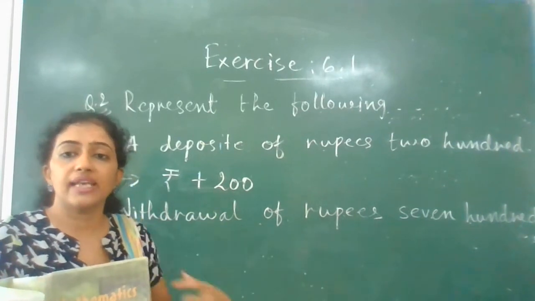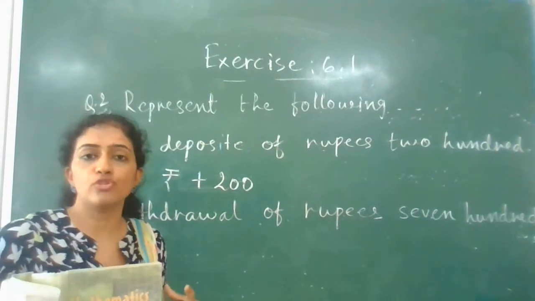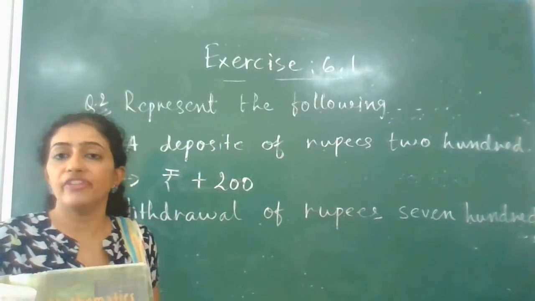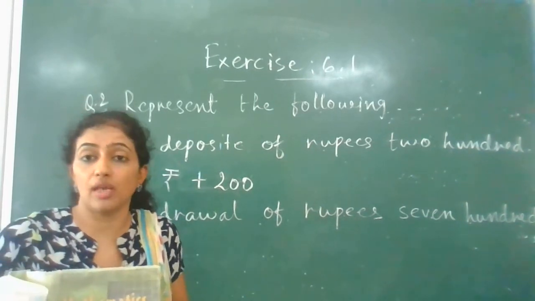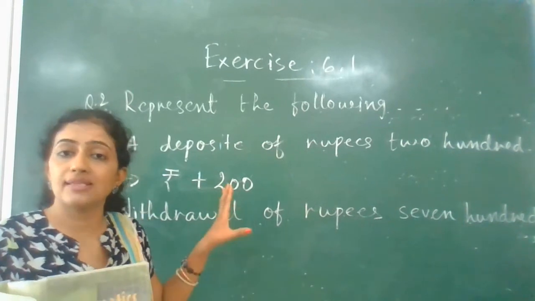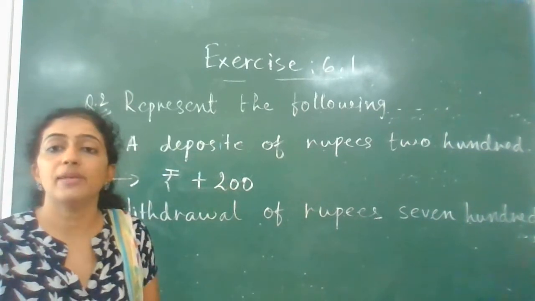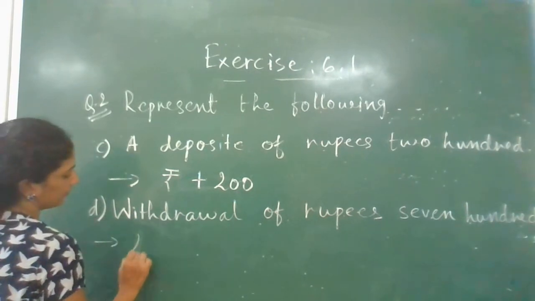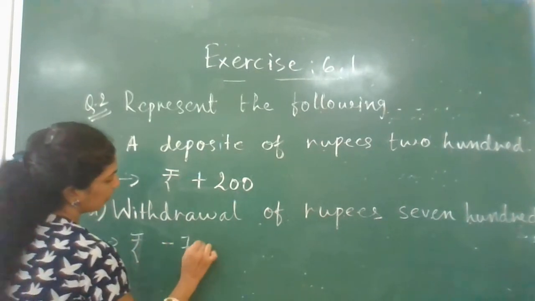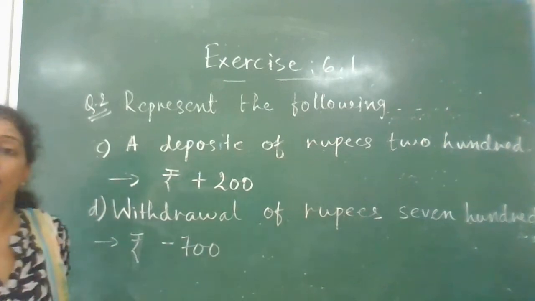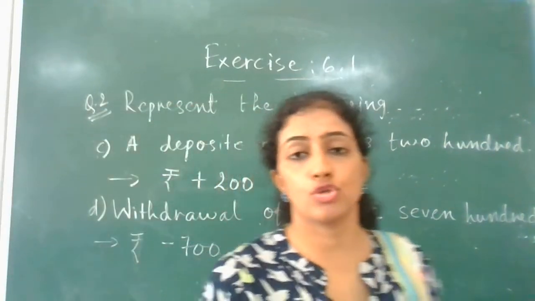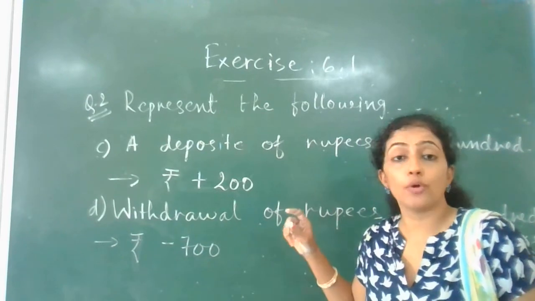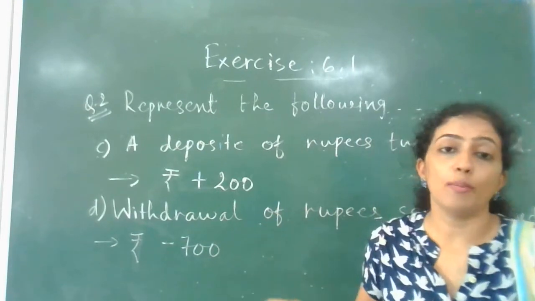When you are taking out something, you are reducing money from your account, and obviously when you are reducing something, you cannot show it with the plus sign. So withdrawal will be shown with the minus sign. So rupees minus 700.